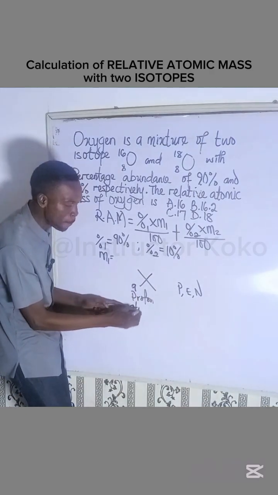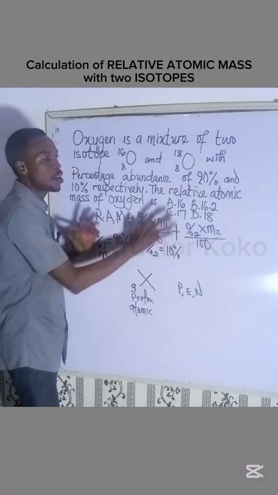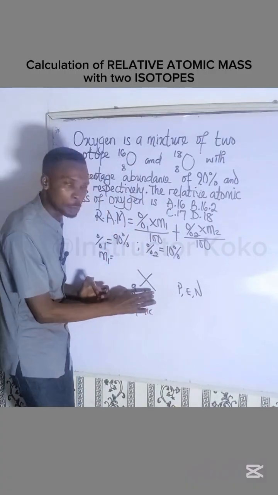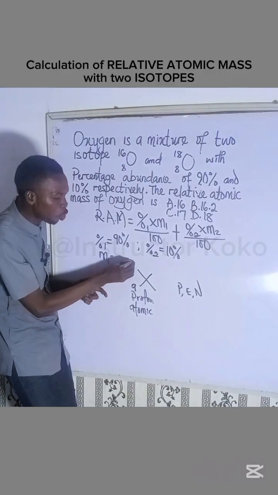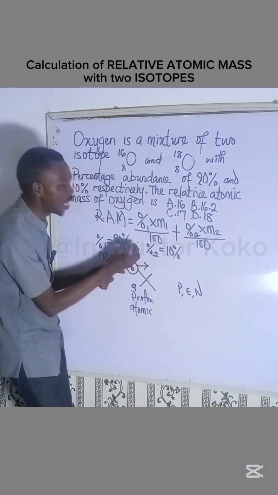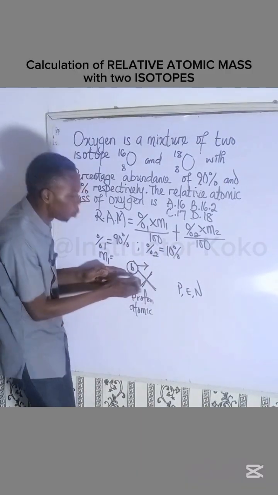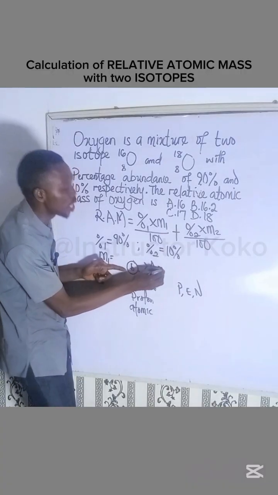So any number written down here is called the proton number, which we usually call the atomic number. But under relative atomic mass, isotope, we don't make use of the proton number. Rather, we make use of the atomic mass. So how do you get the atomic mass of the atom? Just go to the isotope, the atom. Any number written up here is the atomic mass.